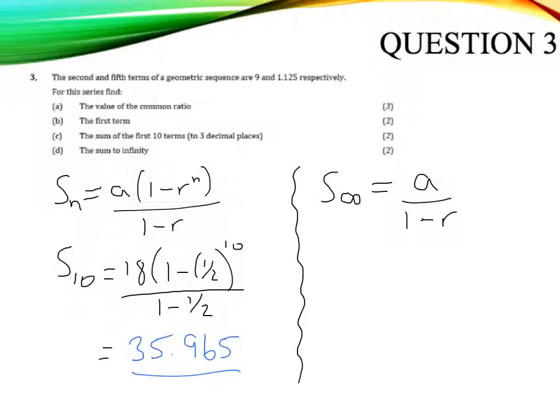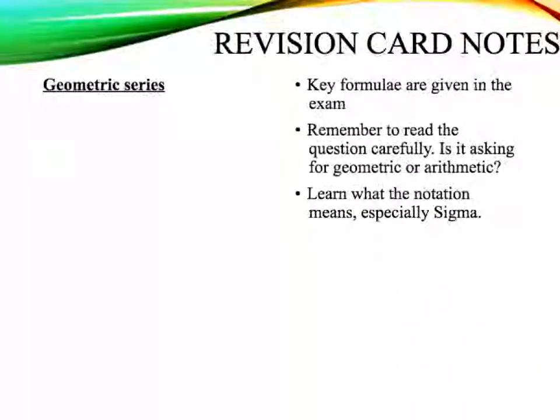R is a half, so there's no reason why we can't do this. The sum to infinity is A, our first term, 18, divided by 1 minus a half, which is a half. So we've got 36. And that's it. We've worked out A, B, C and D.